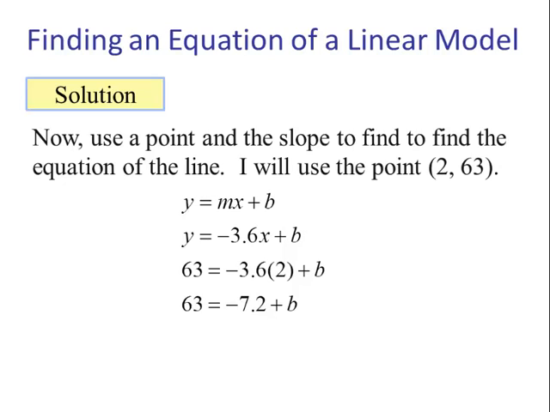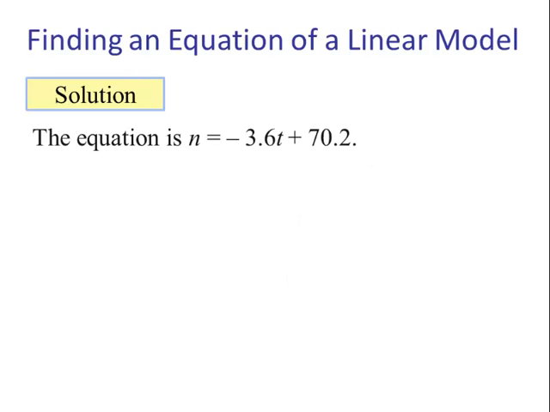To solve for b, we add 7.2 to both sides of the equation, and b is equal to 70.2. So the equation is y equals negative 3.6x plus 70.2. Let's rewrite this equation using the variables from our problem: n equals negative 3.6t plus 70.2.